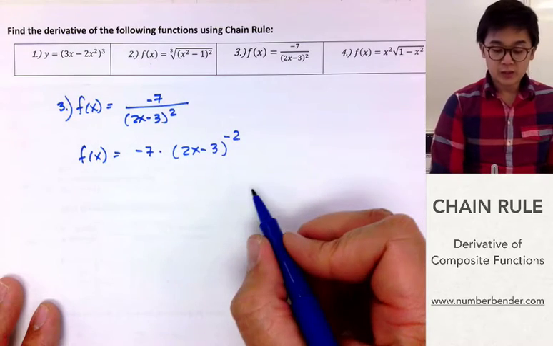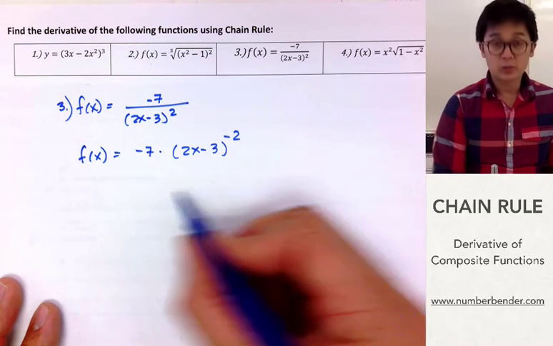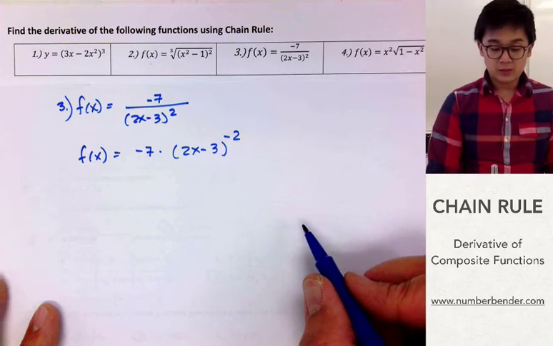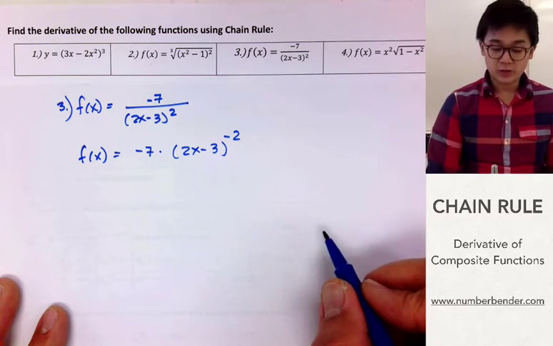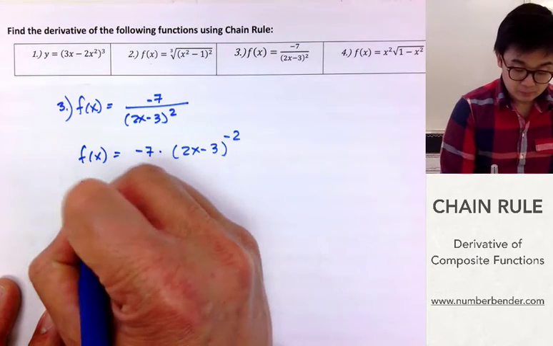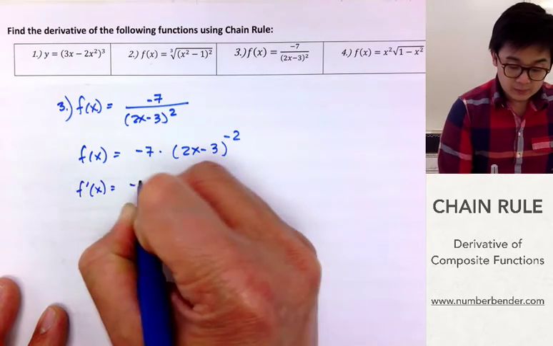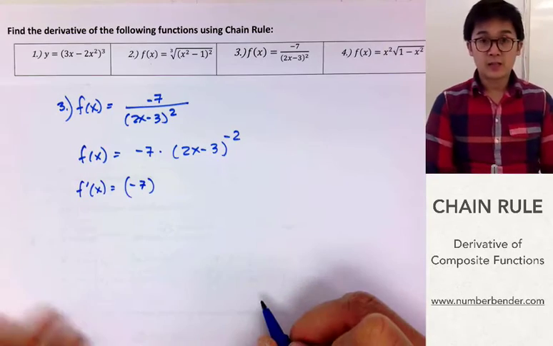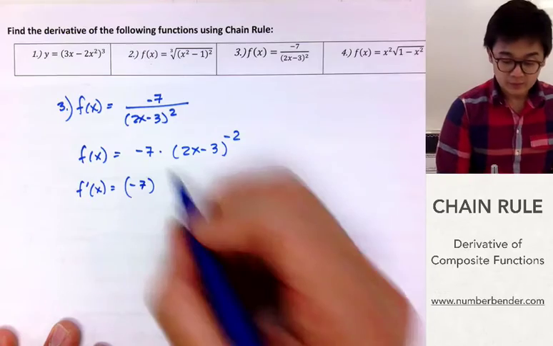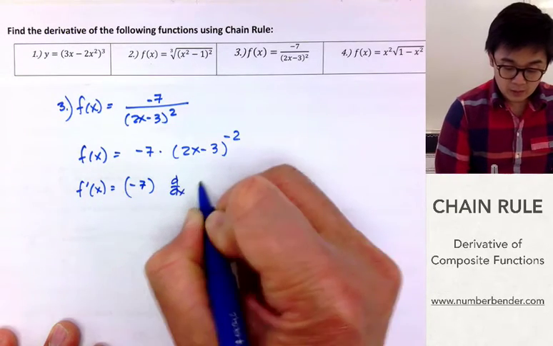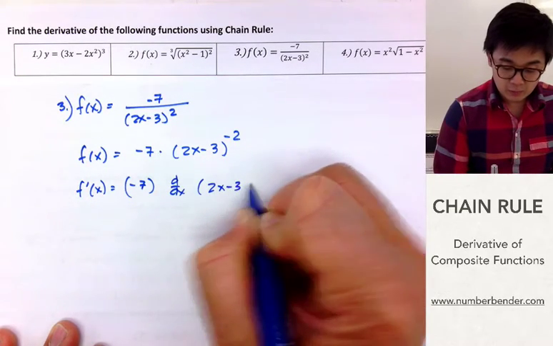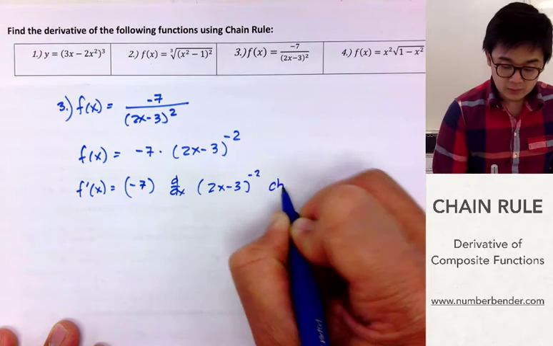And in this particular chain rule, I will use the derivative of a constant multiplied with a function. So what I'm going to do is set negative 7 aside and take the derivative of (2x minus 3) using the chain rule.